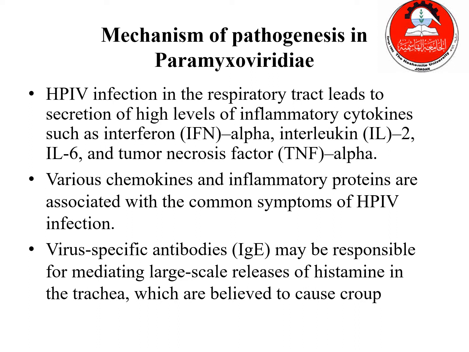Also, it is thought that the virus elicits an IgE antibody response as a result of its presence in the respiratory tract, and this is going to lead to release of histamine in the trachea, and this is what makes the parainfluenza virus unique in causing the laryngotracheobronchitis, or what we call croup.